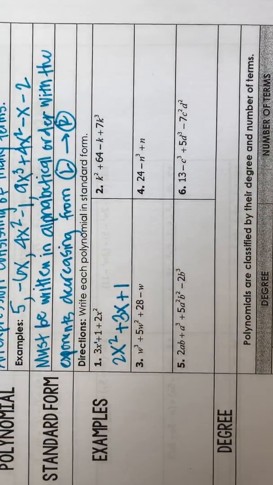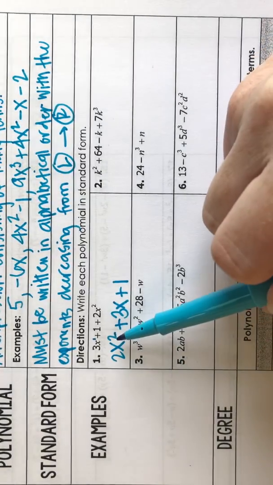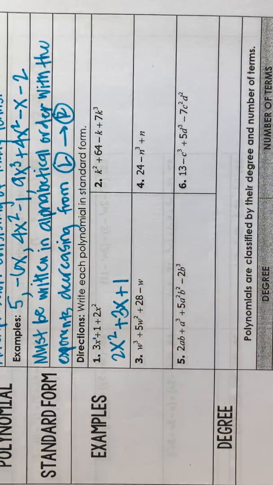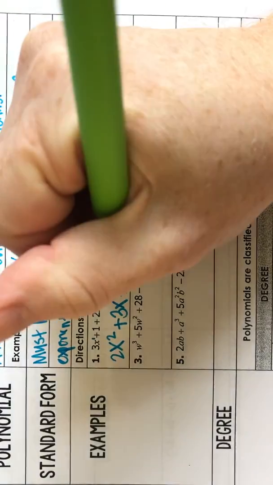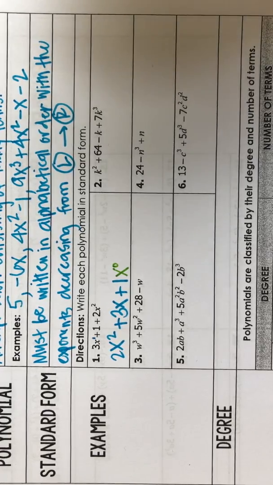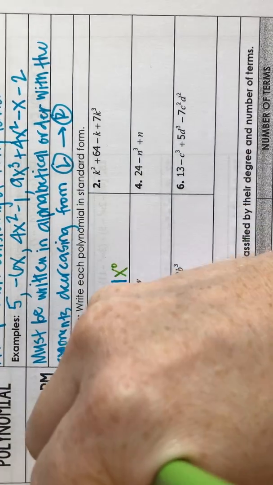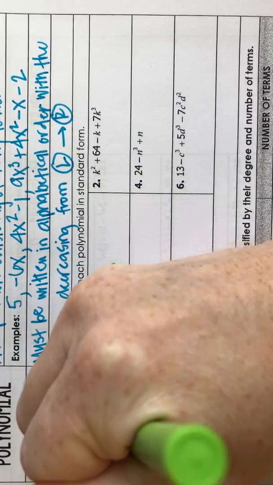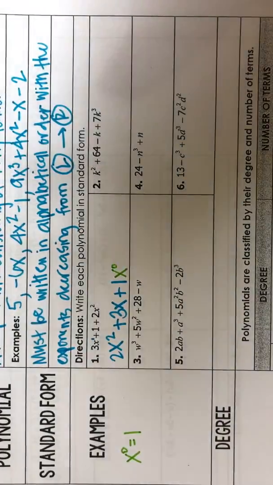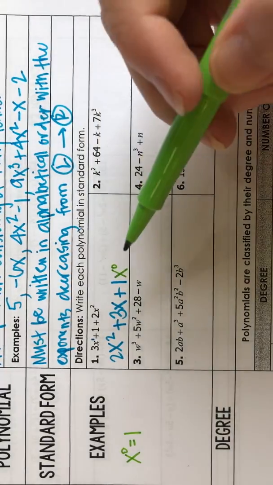So you'll see that my powers fall or decrease from left to right. I have 2, 1, and then you don't have to write this, but I just want to show you, technically, there is an x to the 0 power right here, okay? We don't write it because it doesn't really make much sense to. I need to remember my exponent rules from middle school, and anything to the 0 power is equal to 1.